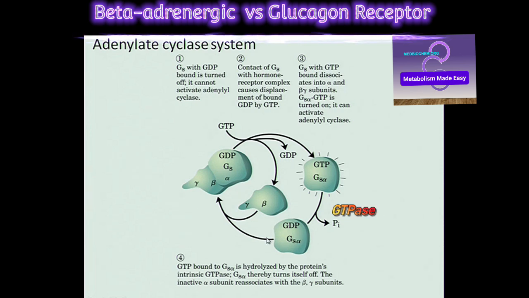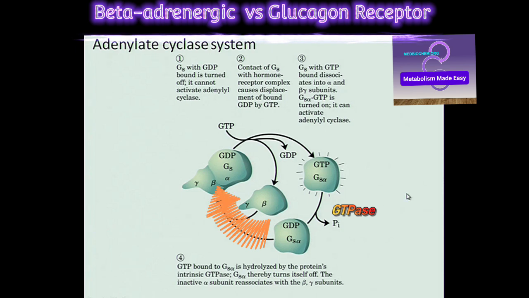This form is no longer active. The alpha subunit reassociates with the trimer, with the beta gamma, and the activation of adenylate cyclase is terminated. So what's very important to appreciate, this is a shut-off signal, a termination signal to the adenylate cyclase system.